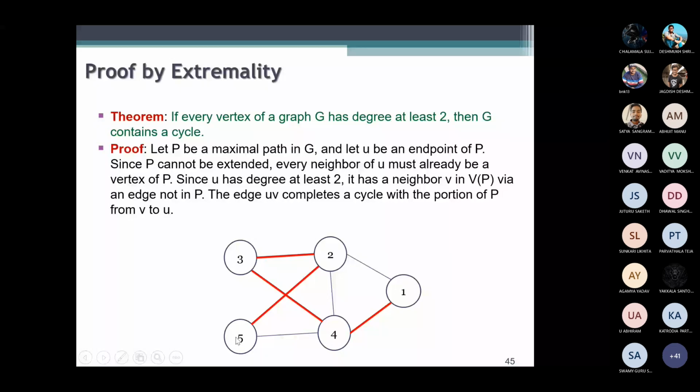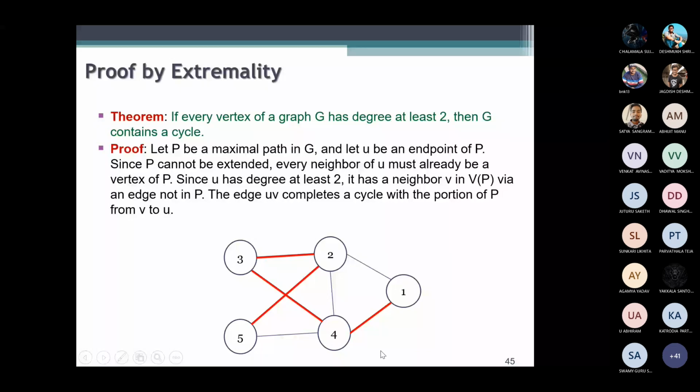Suppose 6 is that vertex: 6 is a neighbor of 5, and that is not part of this path. In that case, why is that not possible? Because if that kind of vertex exists, then we can extend this path from 5 to 6 and we get a longer path.